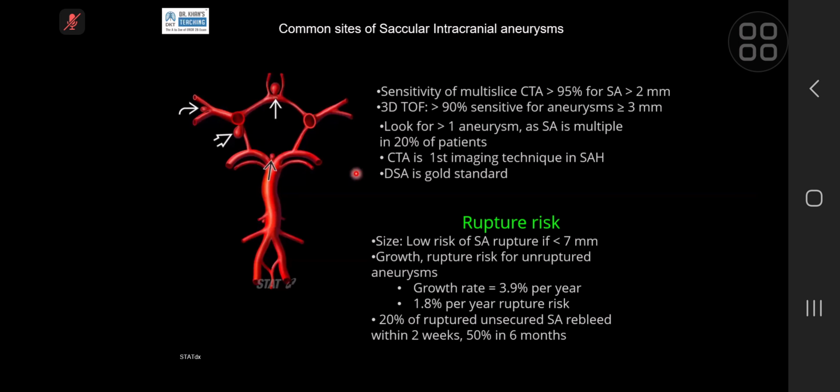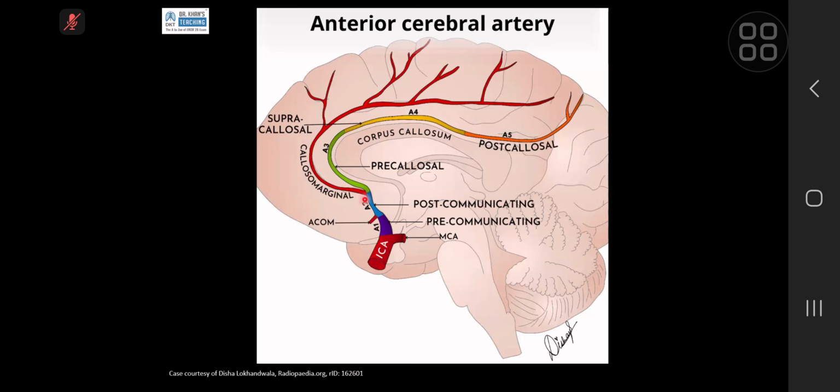But if you see the anatomy of the anterior cerebral artery, we have five segments. A1 segment, which is pre-communicating, up to the anterior communicating artery. Then the post-communicating segment, which is A2.